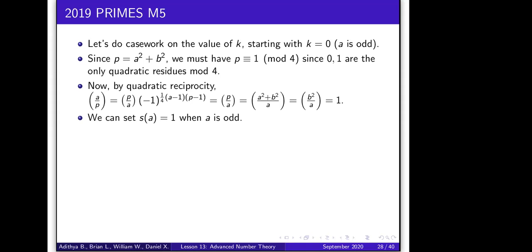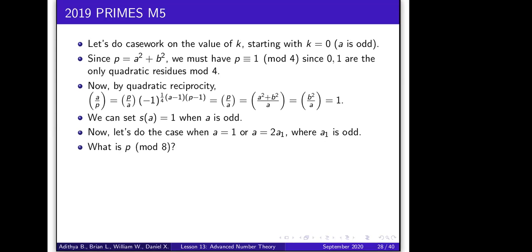So let's move on to when K is 1, and that's when A has 1 power of 2. So in this case, we set A equal to 2A1, where A1 is odd.